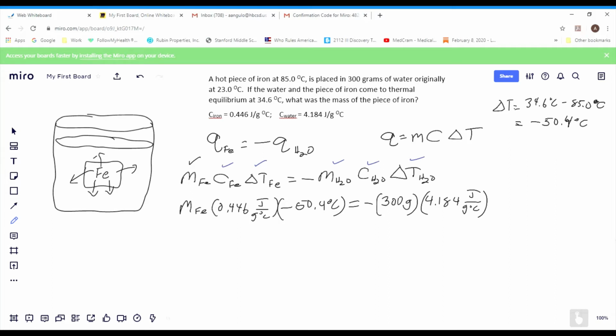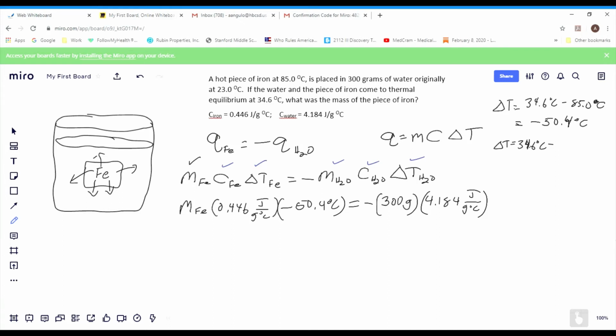And all we need is the delta T, and we know that it went from 23 to 34.6. So delta T for the water, again, it ended up at 34.6 degrees Celsius.